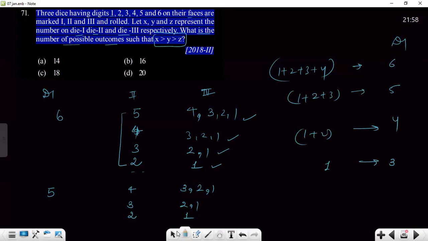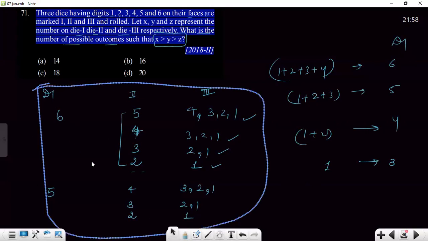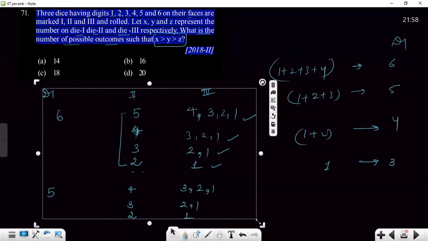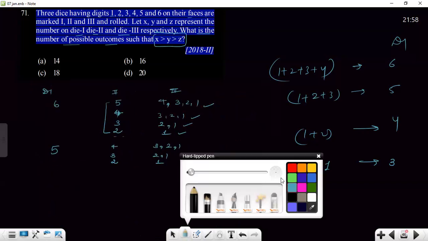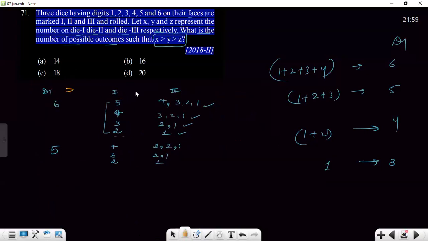Let me write the condition again. The outcome on the first dice should be greater than the second, and the second should be greater than the third.